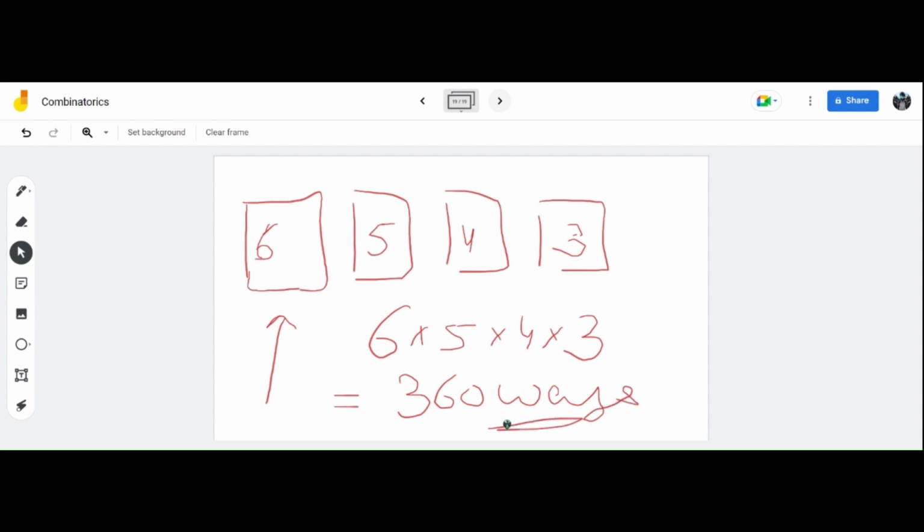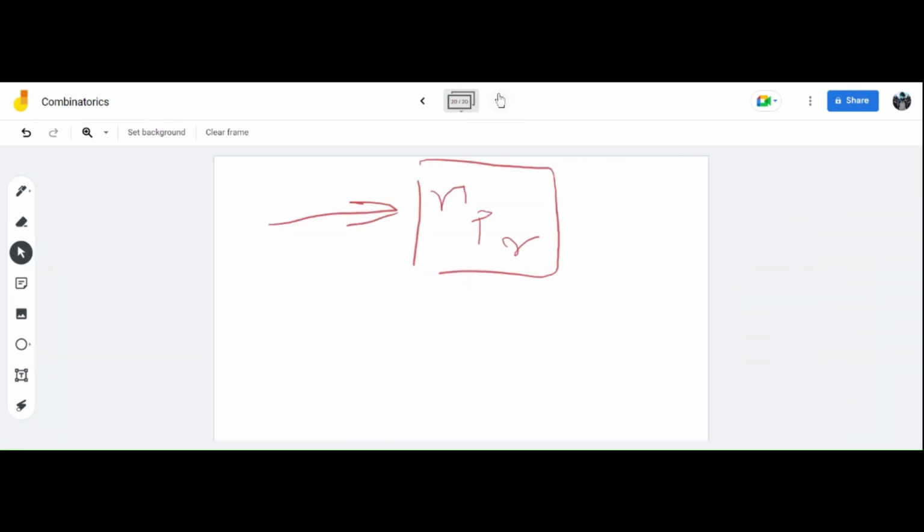So this kind of thing, where you have to create filler places, we can also call this NPR. In the last case, we did 6 into 5 into 4 into 3, right? So this can also be written as NPR.